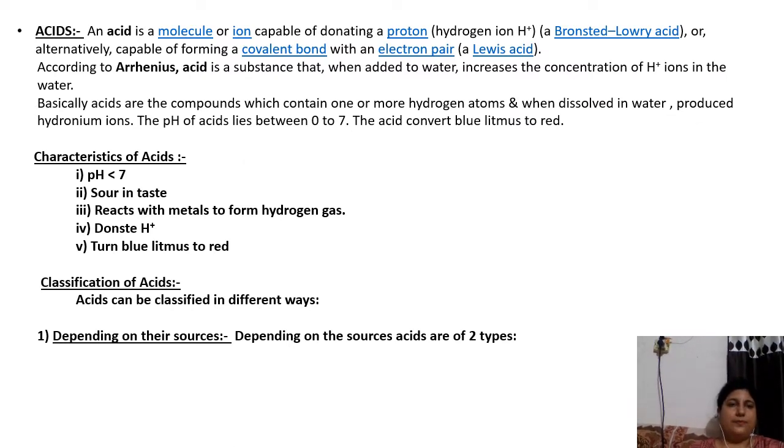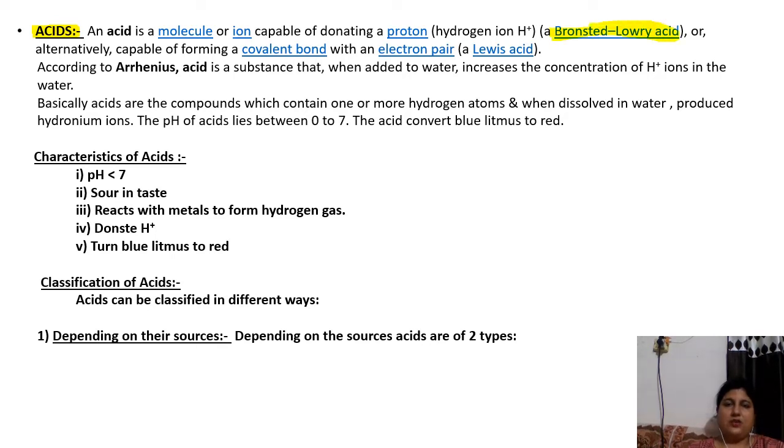Now the term acid. What do you mean by acid? Different scientists gave different definitions regarding acids. Arrhenius theory, Bronsted and Lowry's theory, Lewis theory, there are different theories to define the term acid. First of all, we will discuss the scientists Bronsted and Lowry.